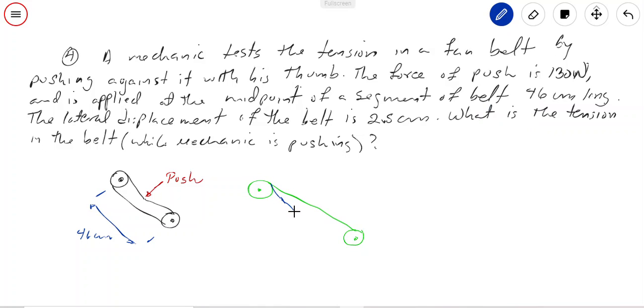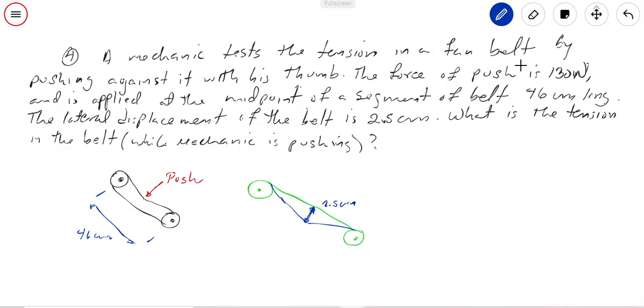I'm just going to make it more pronounced, bigger, in order to make it easier to visualize. So we have what we call the lateral displacement, and this distance over here is 2.5 centimeters.